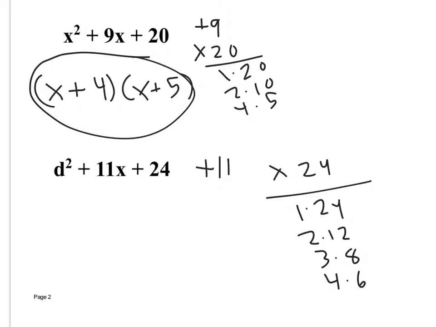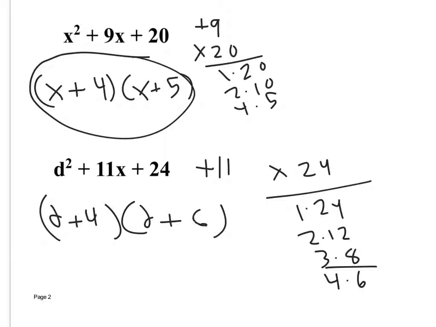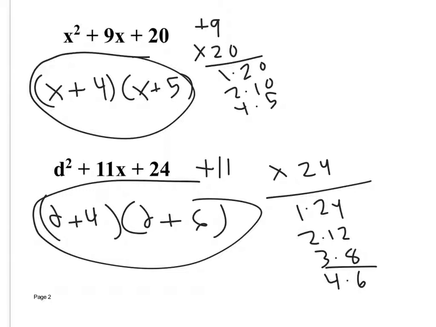Do we see anything that might add up to 11? 3 and 8. So d plus one of them, and then d plus the other one. So 4 here and 6 here. There's your answer, 4 and 6. Not 4 and 6, 3 and 8. I don't know what I was thinking there. 3 and 8.